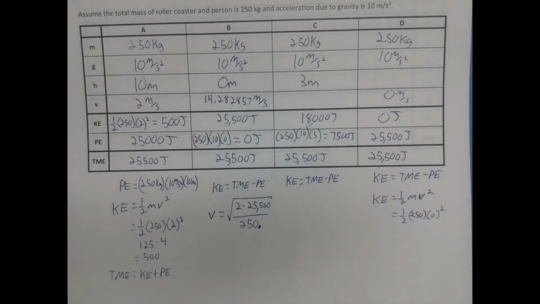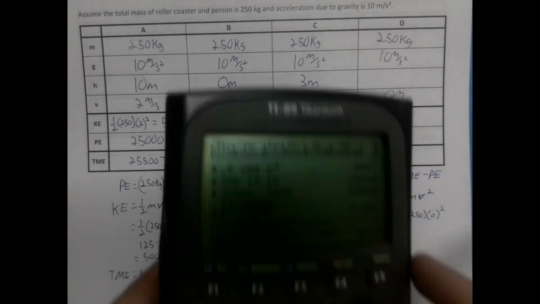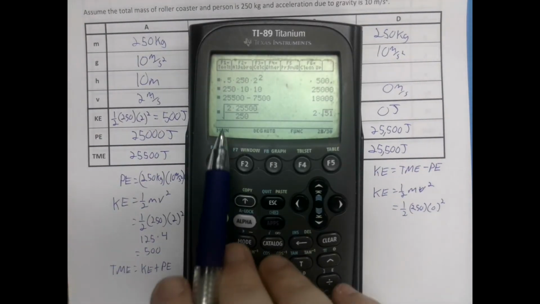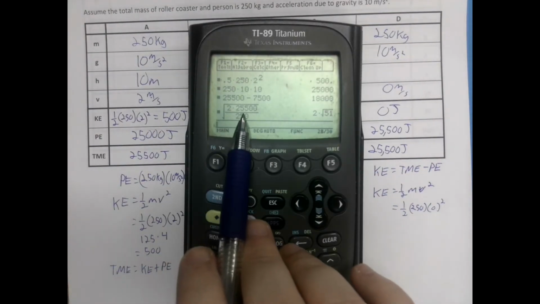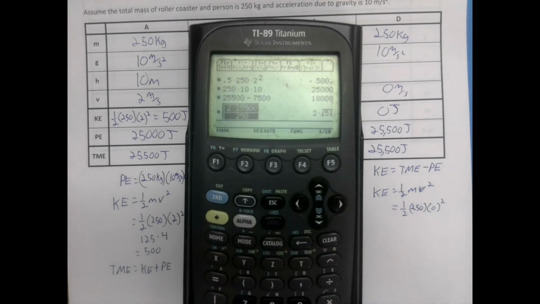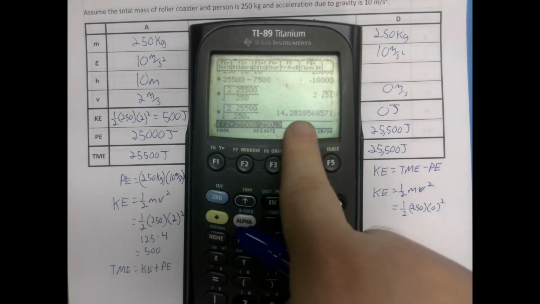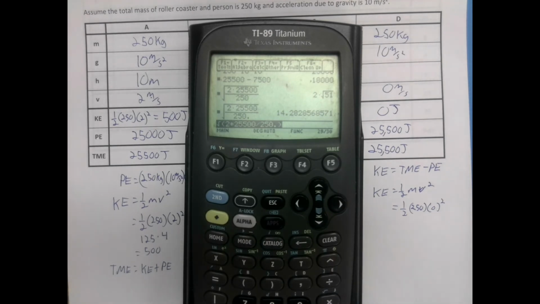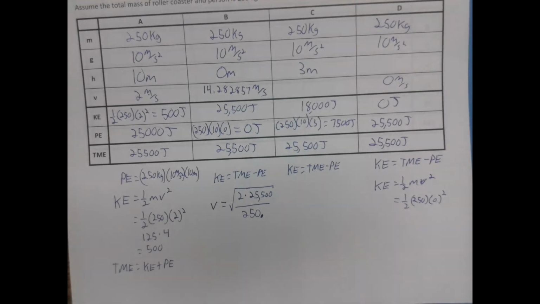So for example, if you do 2 times, again my calculator is different than y'all, the square root of 50, just put a decimal after a random number, and it'll give you a decimal number. But did everyone get 14.28 something something something?